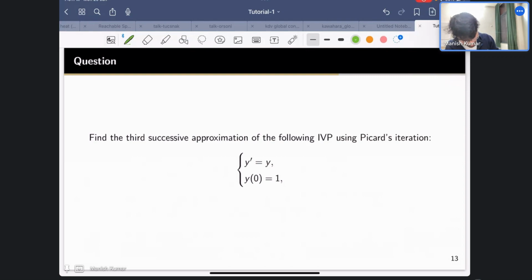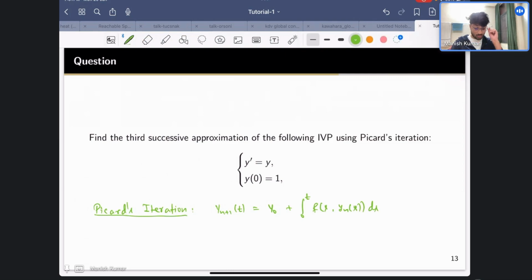Picard's iteration is given by y_{n+1}(t) = y0 + ∫ from 0 to t of f(s, y_n(s)) ds. This is how you define the Picard's iteration, for n greater than or equal to 0.